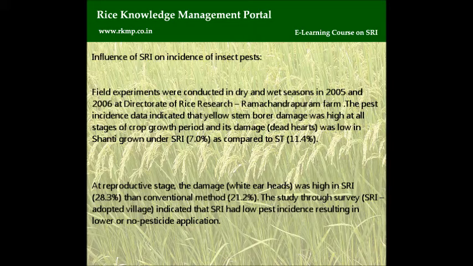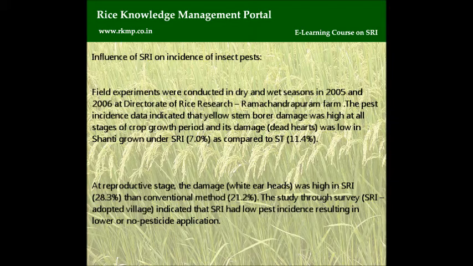The pest incidence data indicated that yellow stem borer damage was high at all stages of crop growth period, and its damage, dead hearts, was low in Shanti grown under SRI, 7% as compared to ST, 11.4%. At reproductive stage, the damage, white ear heads, was high in SRI, 28.3%, than conventional method, 21.2%.